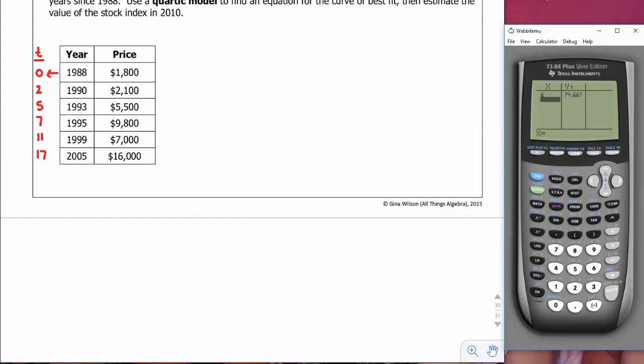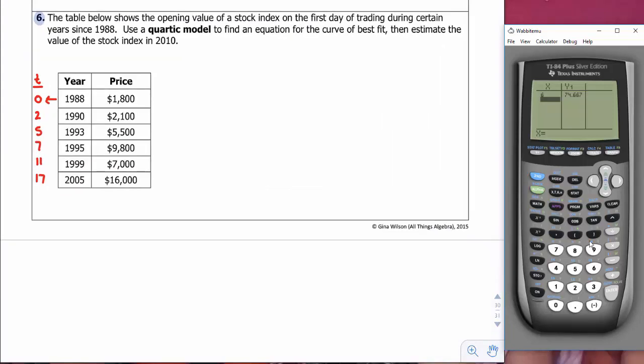All right, so when we plug in our data, same thing here. I'm going to go through this one a little quicker. We're going to go stat, edit, and type your data in. So we have 0, 2, 5, 7. So 0 I already have, so 2, 5, 7, 11, and 17.